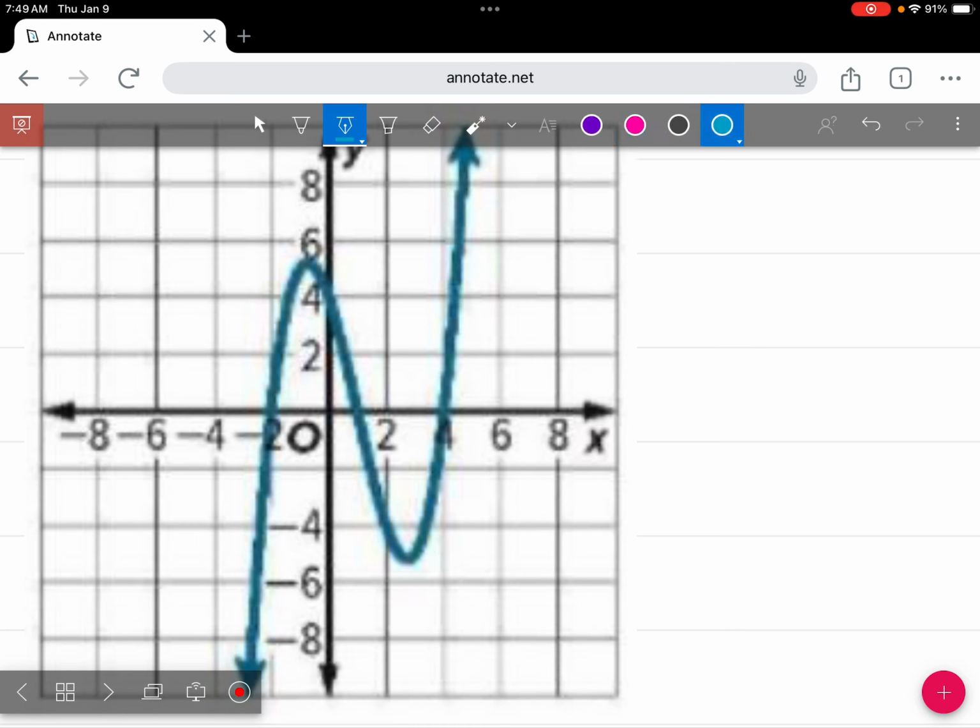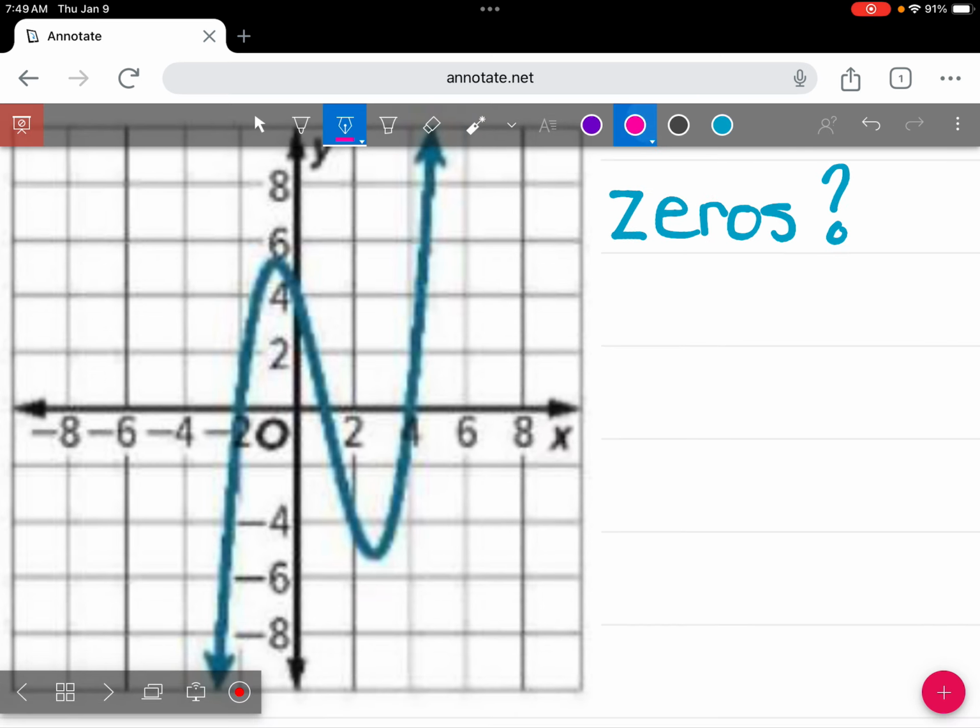So, first things first: how many zeros or roots does this have? How many? 3. 1, 2, 3. It's those x-intercepts.